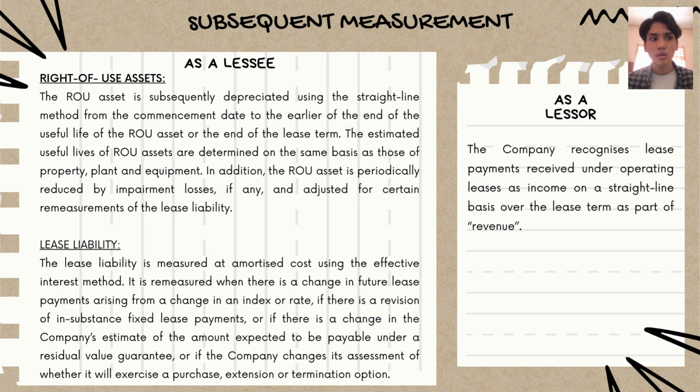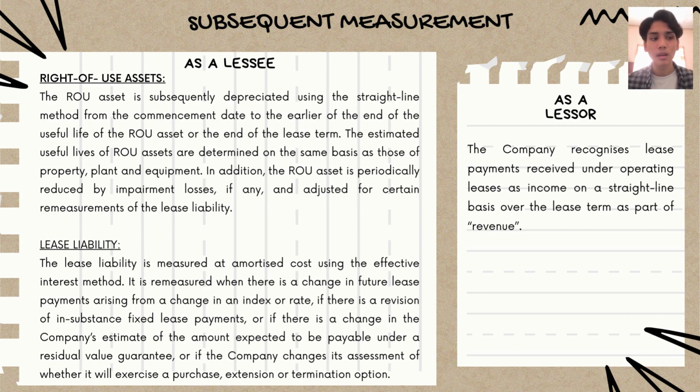The estimated useful life of right of use asset are determined on the same basis as those of property, plant and equipment (PPE). In addition, the right of use asset is periodically reduced by impairment loss, if any, and adjusted for certain remeasurement of the lease liability.